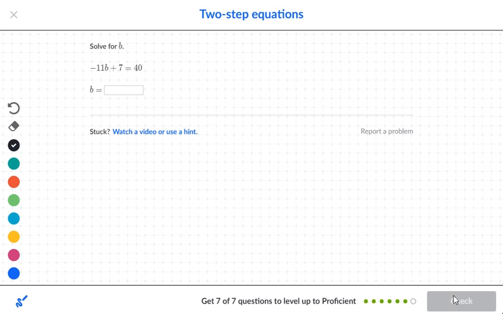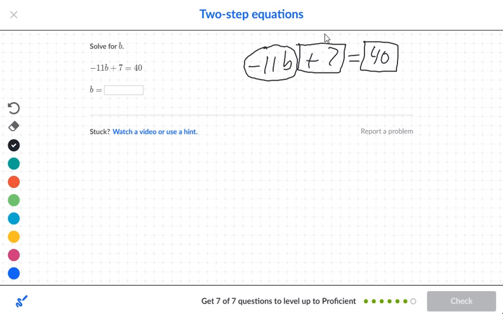Okay, next question. I got a negative 11b plus 7 is equal to 40. So let's circle our letters. Let's box our numbers. This box is the one that has to move.